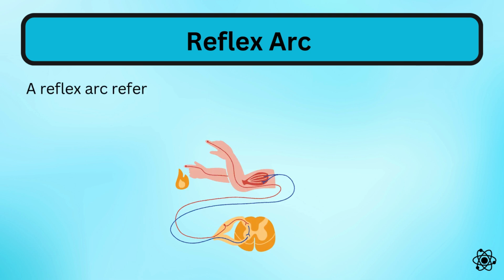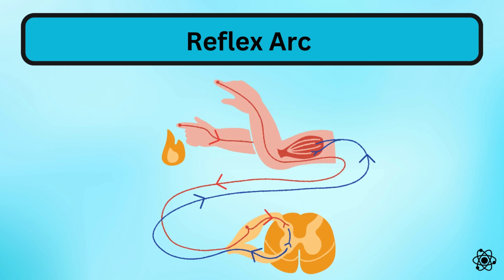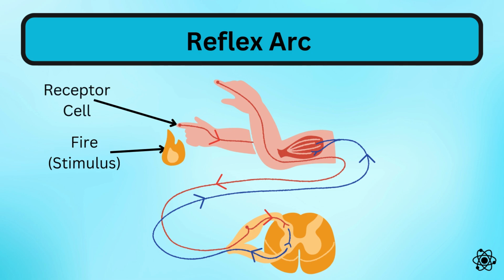A reflex arc refers to the pathway that a nerve impulse follows in an involuntary or reflex response. So, for example, let's say we accidentally touch fire. The stimulus will be the fire. The receptor cells on the skin will detect the stimulus. The sensory neuron sends electrical impulses to the spinal cord, the coordinator.